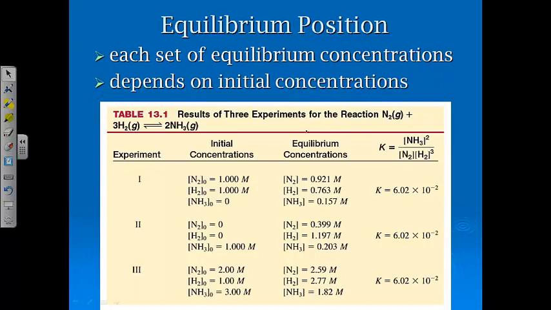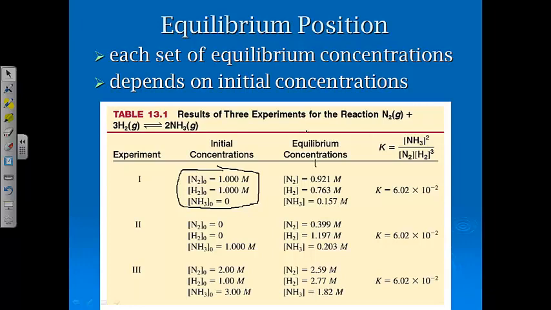Now, this is just showing you that each set of equilibrium concentrations does depend on its initial concentrations. The next video is going to make this a little bit easier to follow. But if these are my initial concentrations, to find my K value, all I have to do is plug in these equilibrium concentrations.